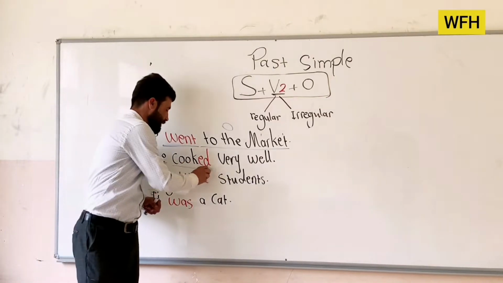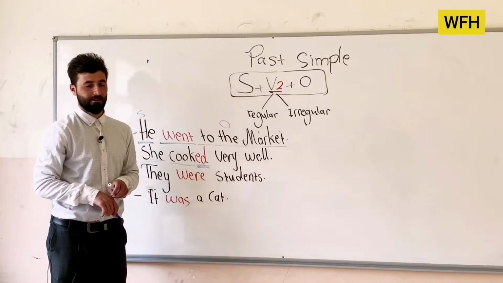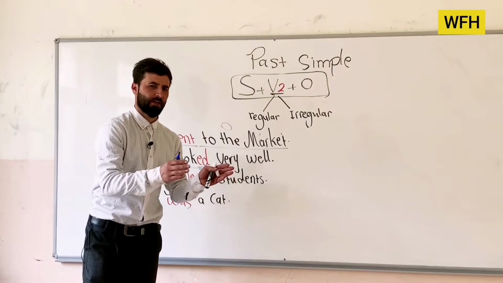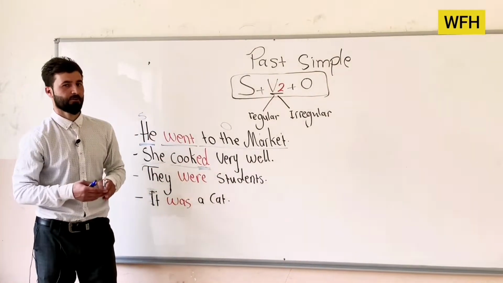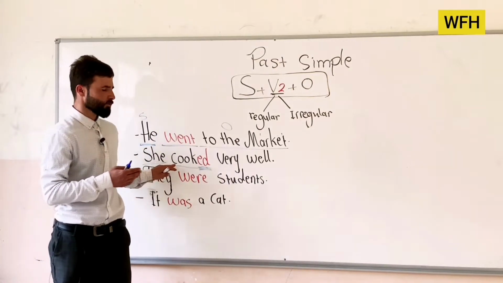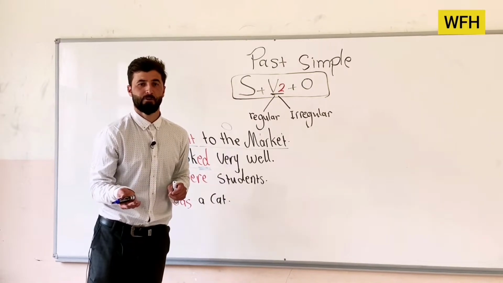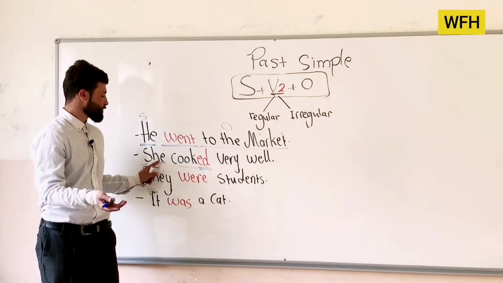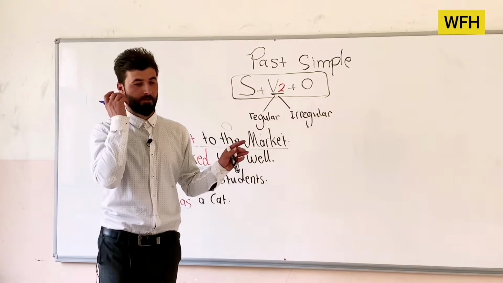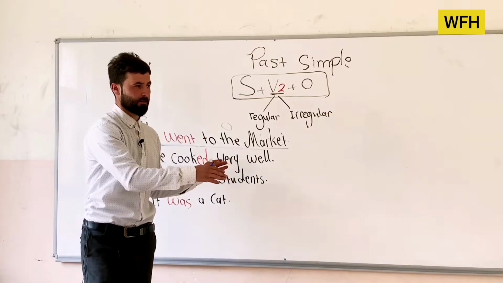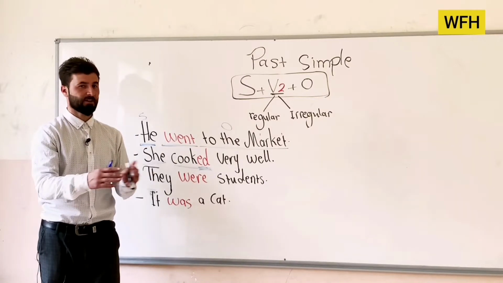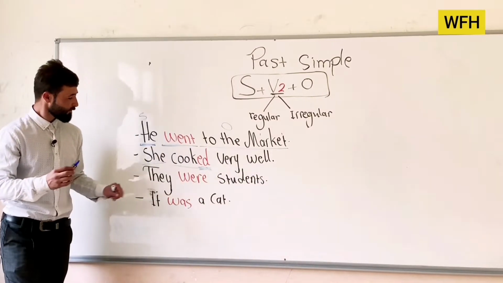A regular verb always has ed, but with the others, the whole word is going to change, replaced by another word. Go is going to be went, but here with cook, you only need to add ed. Cooked. She cooked very well. This means that I tasted it, I ate it. It was very delicious. So she cooked very well. Something in the past.